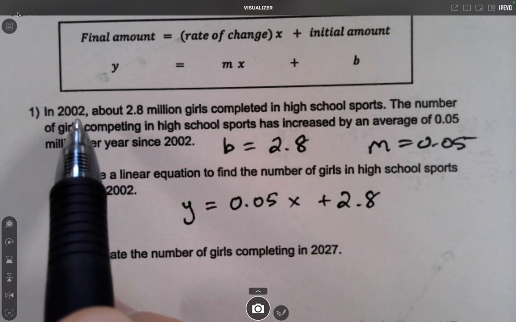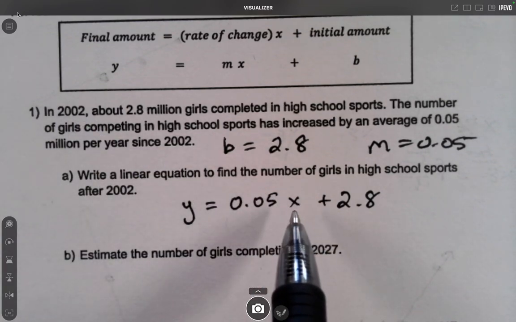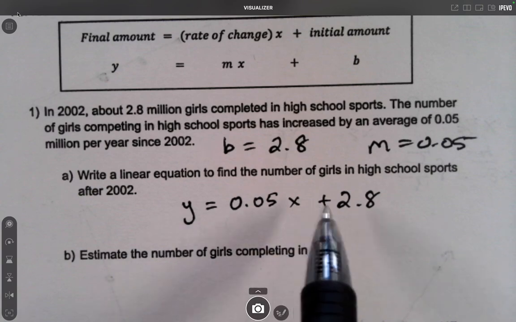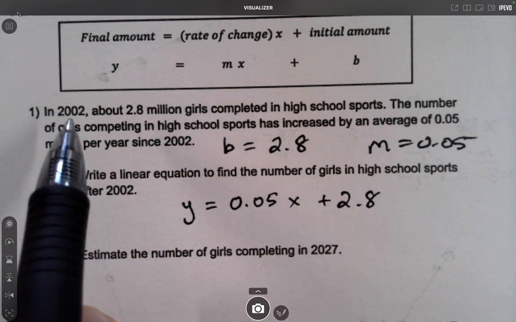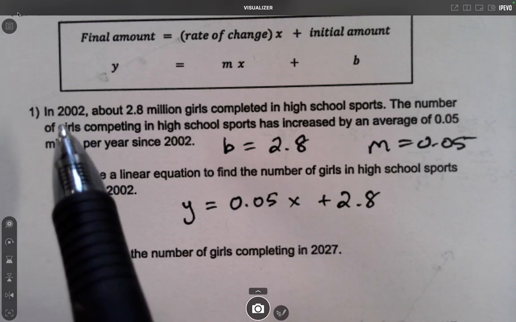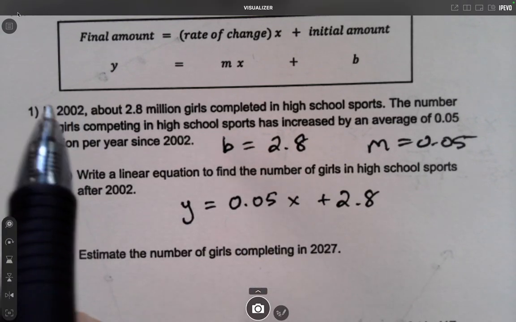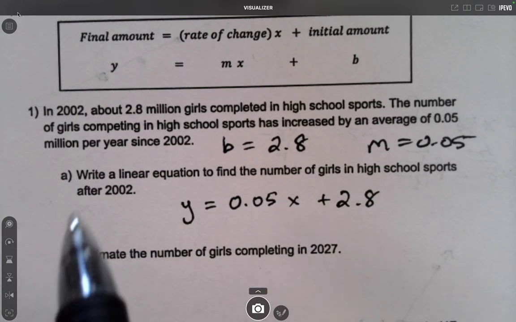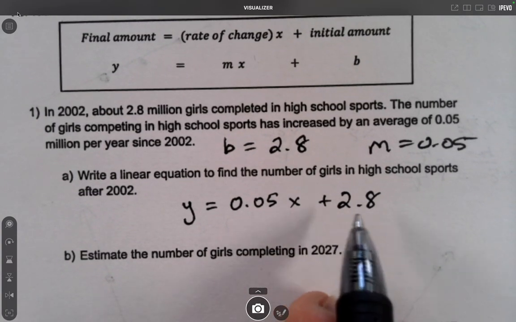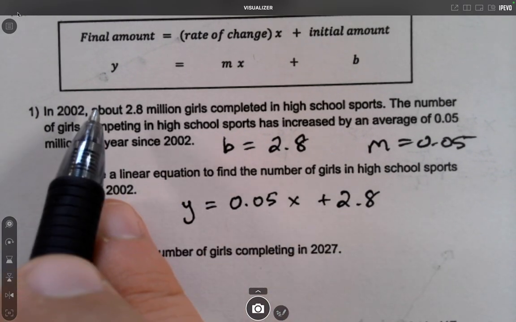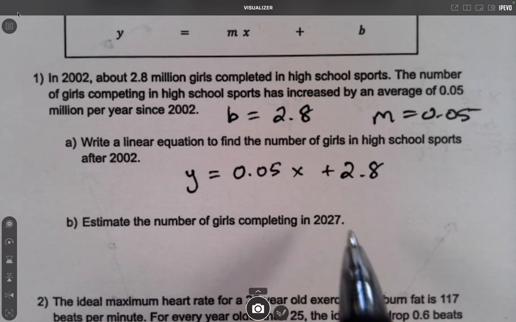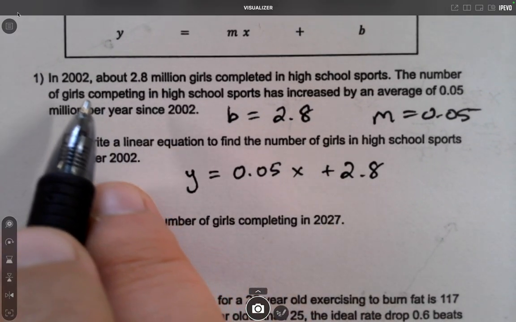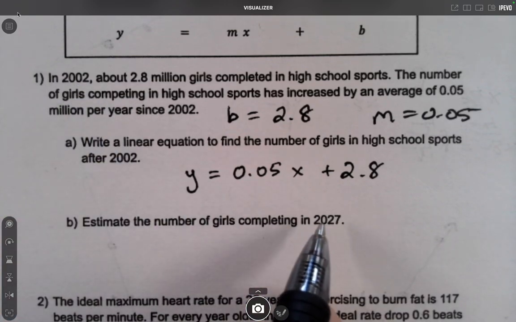So if 2002 is what we're treating as 0, to get how many were playing in 2003, I'd plug in 1, because that's 1 year after 2002. If I wanted to know how many were playing in 2004, I'd plug in 2, because that's 2 years after 2002. And that's the initial amount, the amount in 2002. So to find the number of girls competing in 2027, we have to say, okay, how many years after 2002 is that?